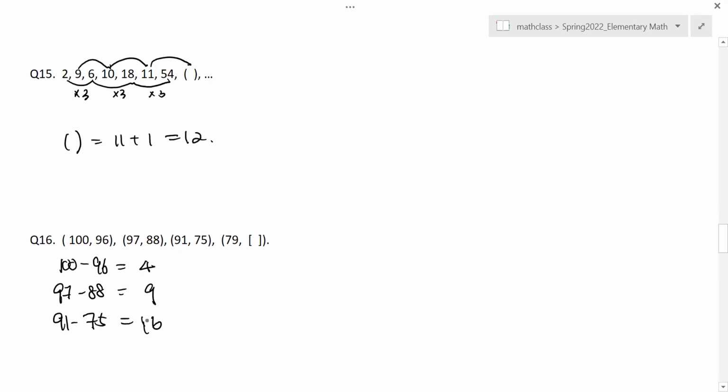So it seems to me it's a sequence of the differences of the two numbers in each pair. You get a new sequence of numbers. I'm pretty sure this should be equal to 25. So 79 minus that number should be 25, so that number is going to be 79 minus 25, which is 54.